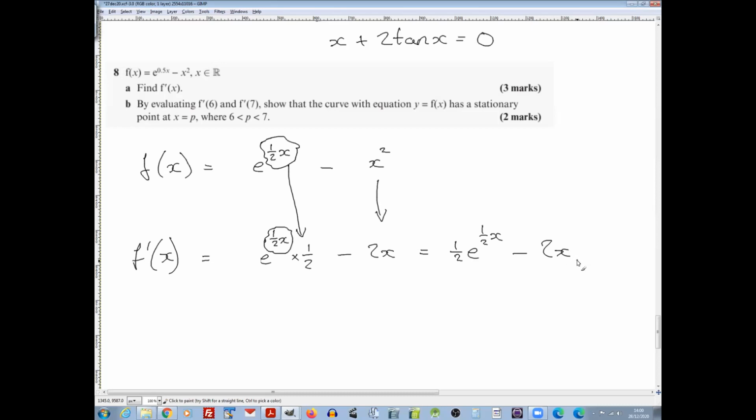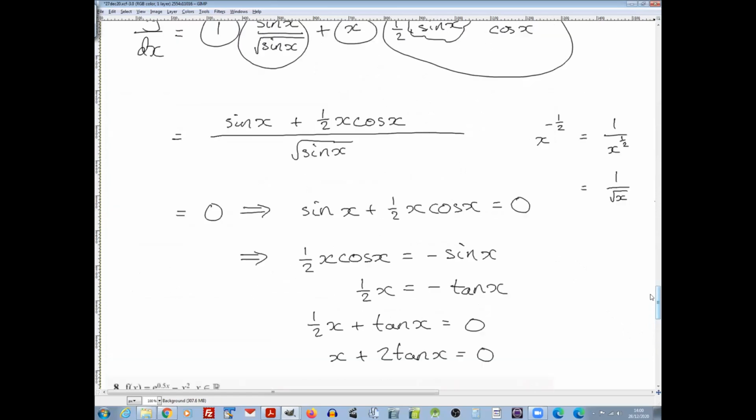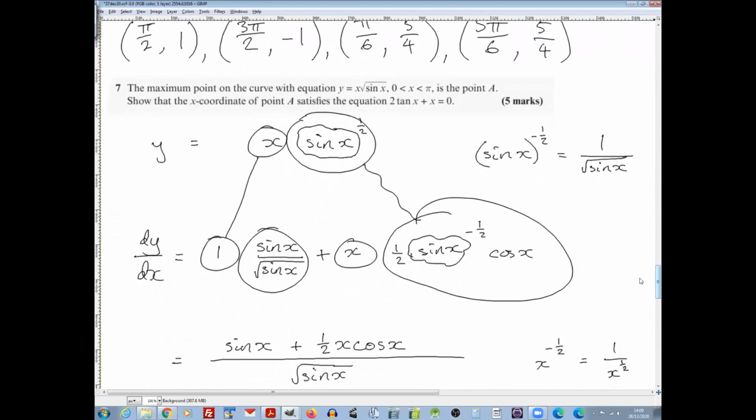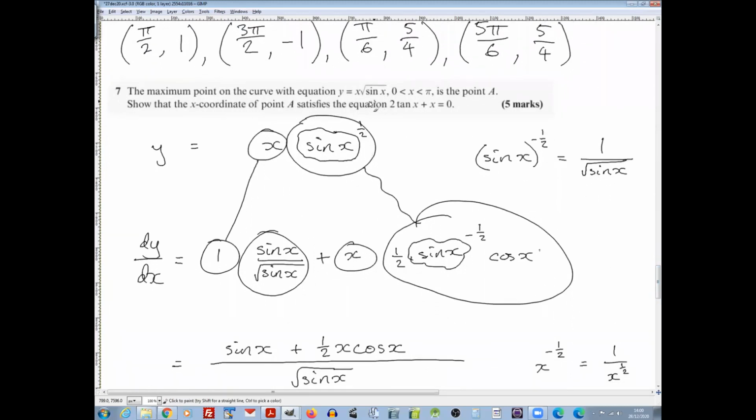equation y equals f of x has a stationary point at x equals p, where p is somewhere between 6 and 7. What they're doing here is inviting you to do, remember when you were considering ways of deciding whether it was a maximum rather than a minimum, you were saying compare with points that are coming earlier and later.